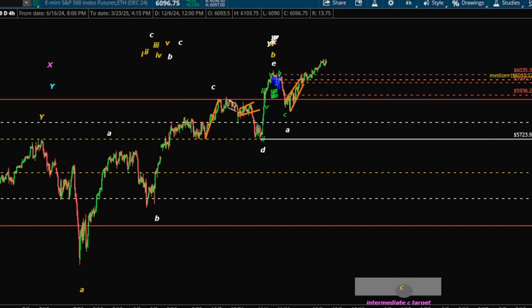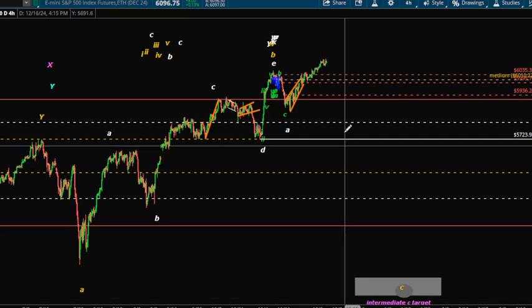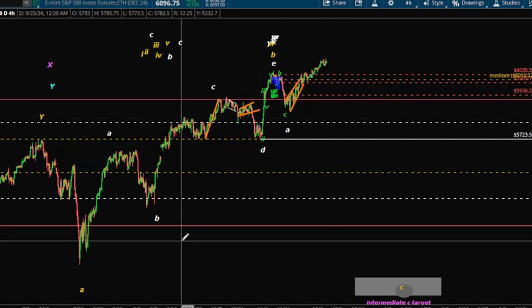Just to let everyone know, I forecast these waves, or these price targets, by counting Elliott wave, but I don't really count traditionally, and I don't label them traditionally.